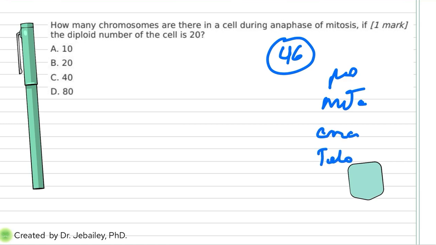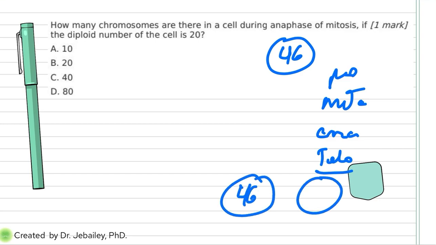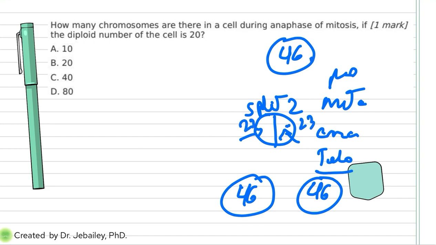And what do you want to end with after cytokinesis? You want to end with a cell that is 46 and another cell that is 46. But you know that in anaphase you are splitting it into two, so half is going to one side and the other half to the other side. If you start with 46, what are you going to get? 23, 23. Is that right?